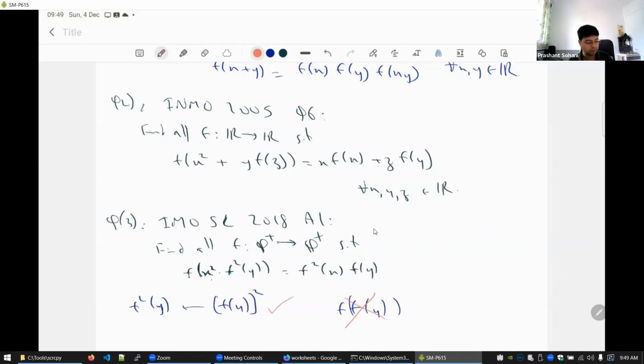This is what we do in trigonometry also: we write sine square x, which is not sine of x square, it is sine of x whole square. Okay, so just keep that in mind. And here Q plus is the set of all positive rational numbers. Okay, but anyway, we'll start with the first problem.